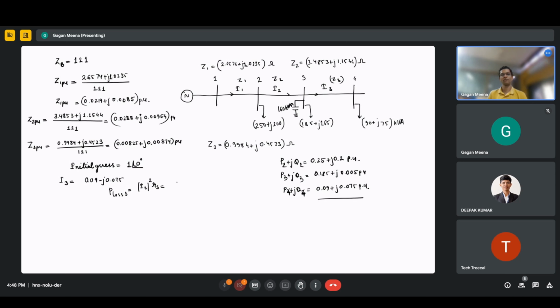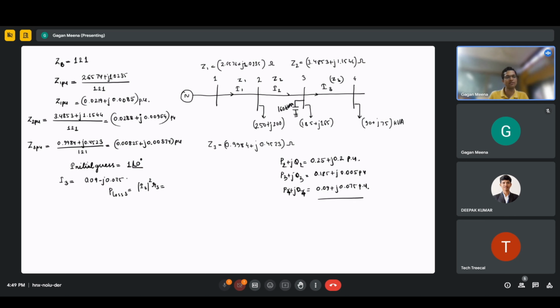How much is this? 0.00002. This P loss you are saying? Yes, sir. Check once again.